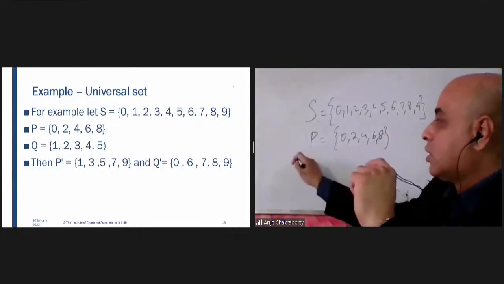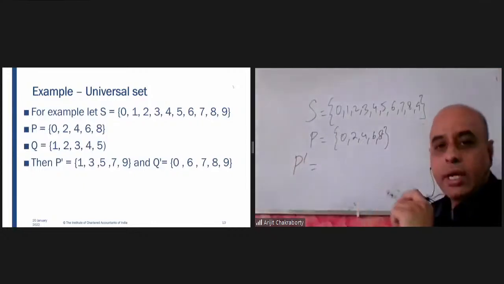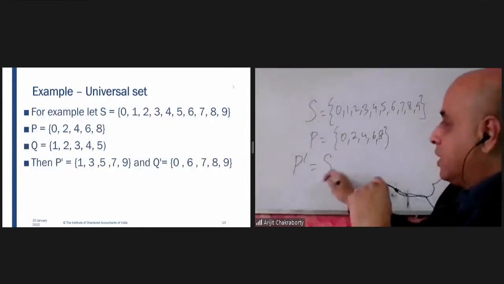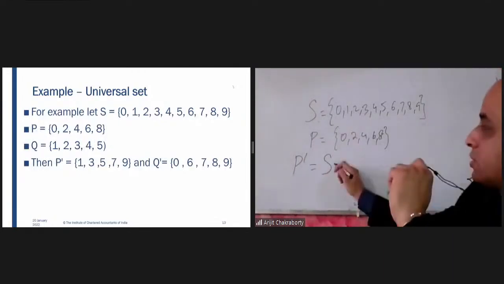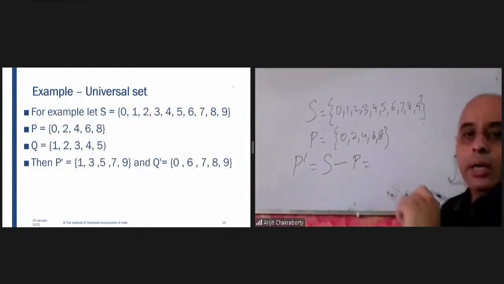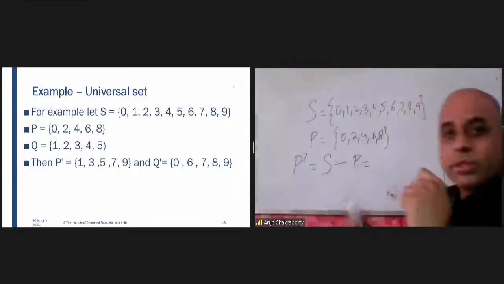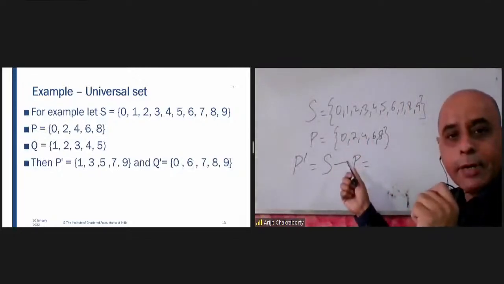So if I ask you what is P dash, P dash means the universal set minus set P. So this will be basically set S minus P. How do you find out S minus P? Please listen.